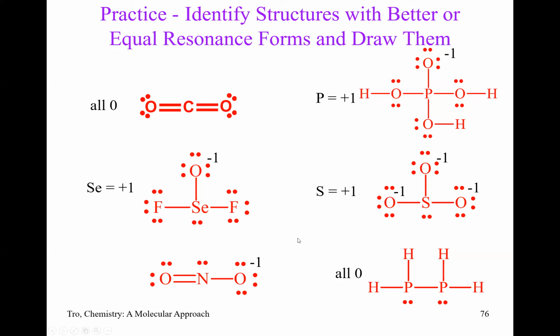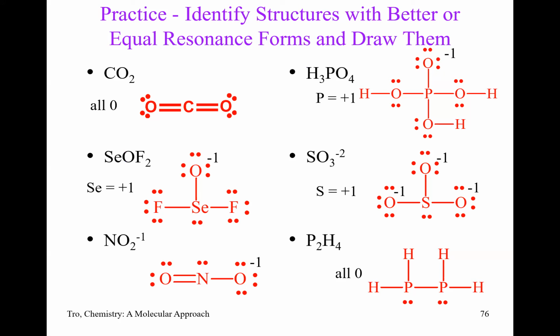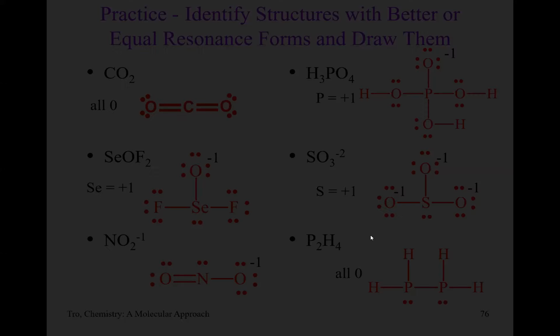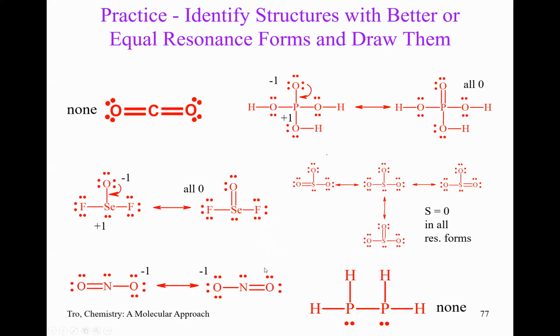So if we come back and look at the same ones we looked at, right, our minus 1, plus 1, minus 1, everything looks pretty similar. And we can start with the ones that had the charge and say, for this SeOF2, it's really just going back and forth.